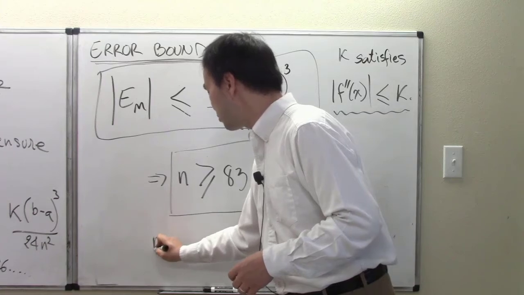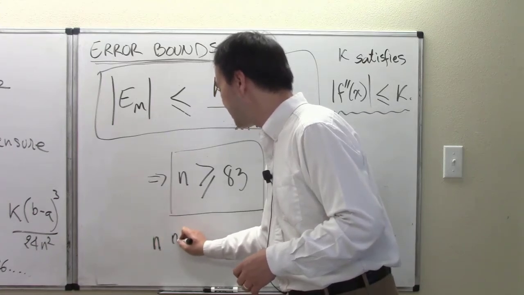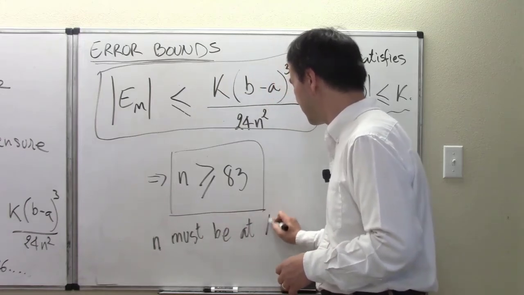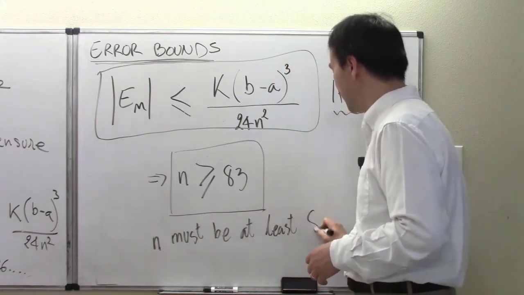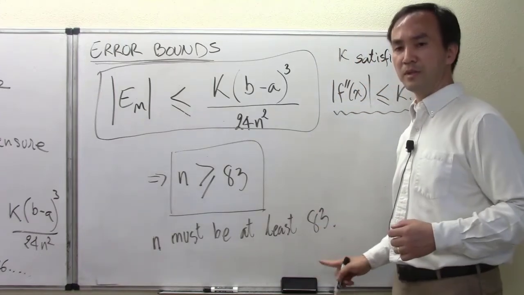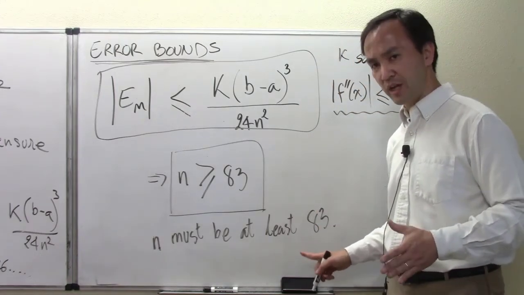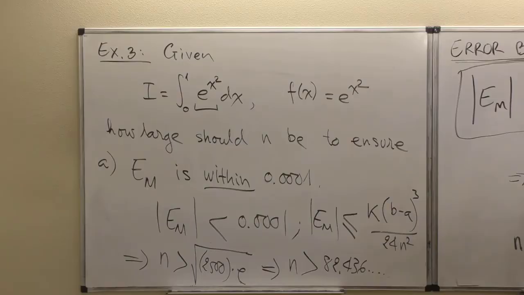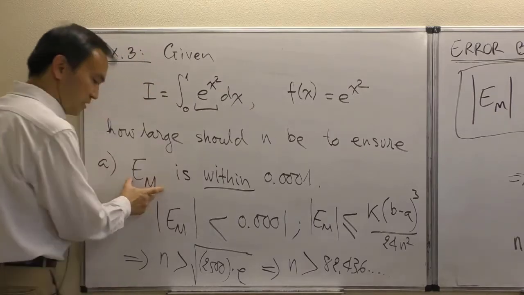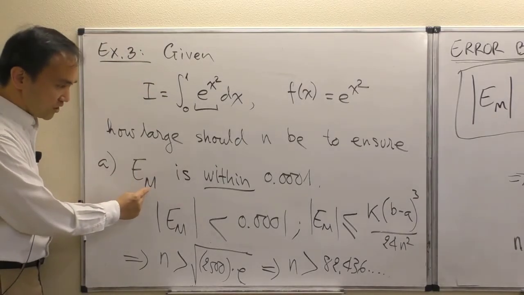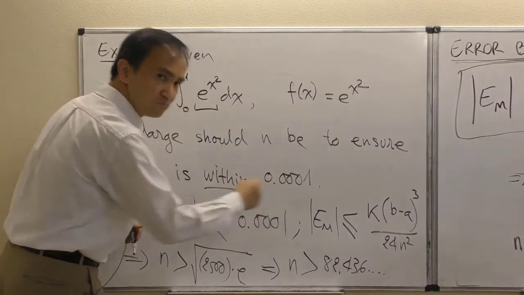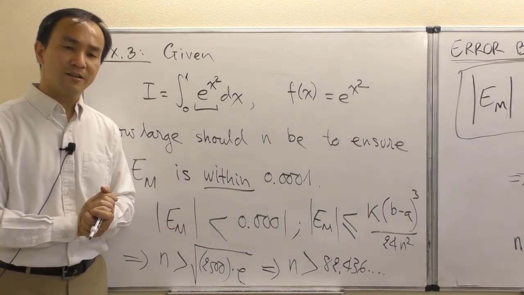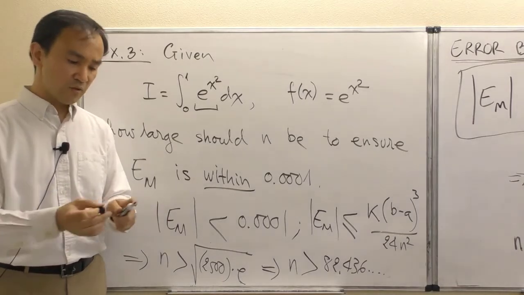Or verbally, in words, n must be at least 83. Meaning we have to use at least 83 intervals or anywhere more than that, and that will ensure our error produced by the midpoint rule to be within 0.0001. So that's how we get it done with this kind of problem.